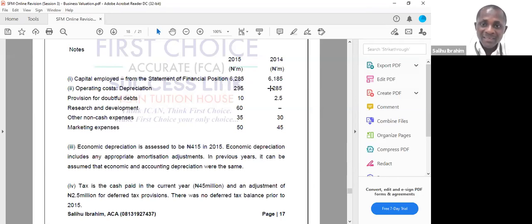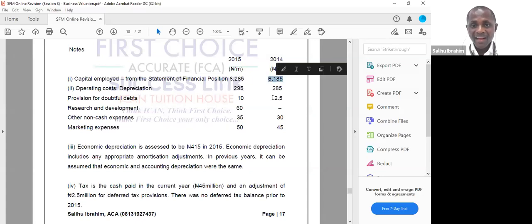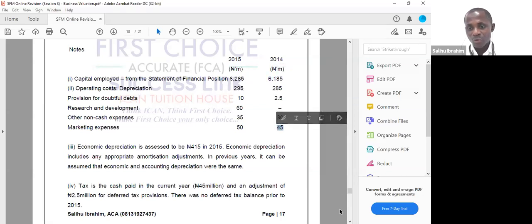Because the question did not give us economic depreciation for 2014, that is why it gave this information that in previous year, economic and accounting depreciation were the same. So these are the items we are adding. Add 12.5, add 30, add 45. You get your adjusted capital employed.